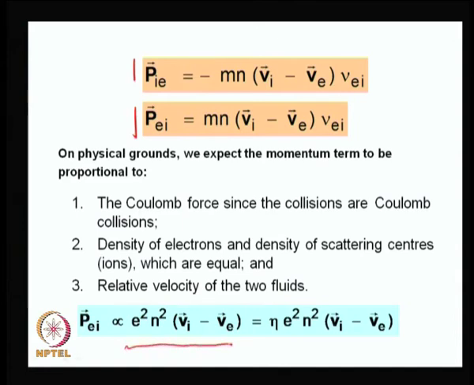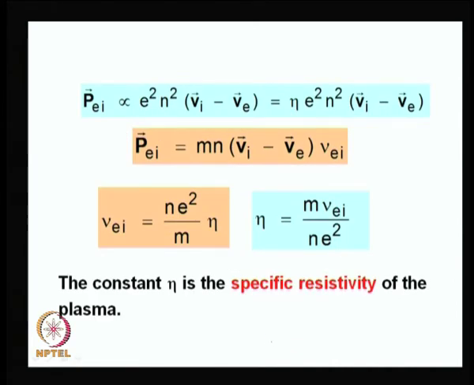We replace the proportionality constant by eta here. So, we write Pei as Mn Vi minus Ve nu Ei, and we have on physical grounds an expression for Pei in terms of eta, and if we compare the two, we get nu Ei in terms of eta, or eta in terms of the collision frequency.